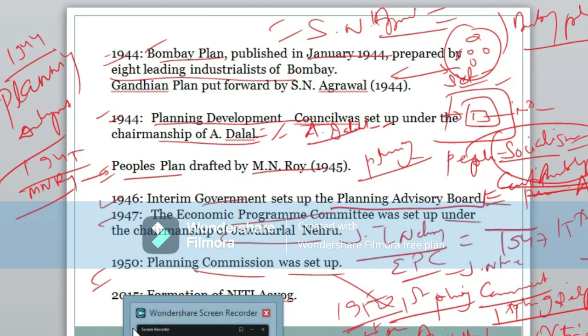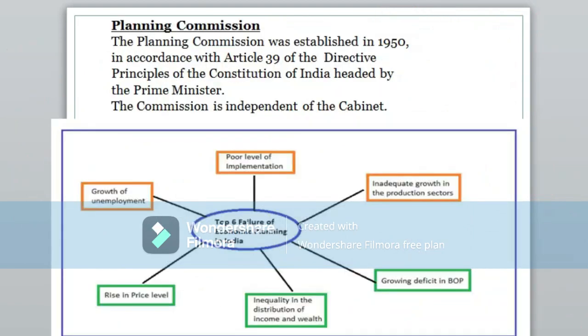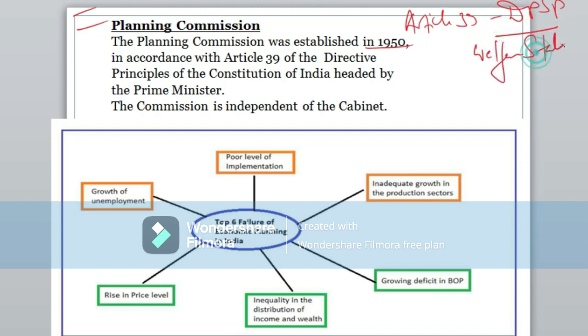Now let us also discuss some more factors of Planning Commission of India. So Planning Commission established in 1950 under Article 38 and 39 of DPSP, which makes a welfare state. इंडिया को क्या बना रहा है? कल्याणकारी राज्य.